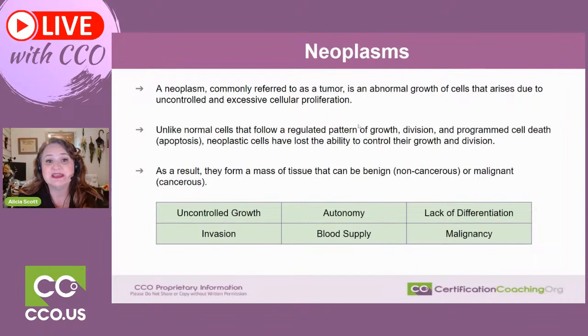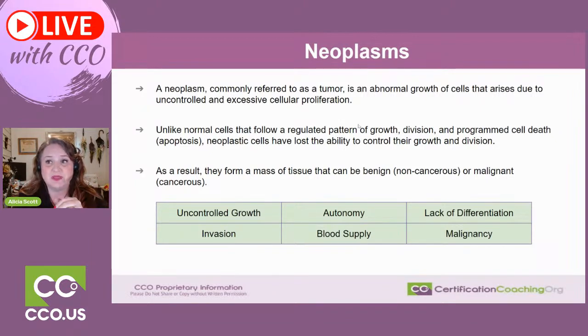A neoplasm does not mean that it's automatically cancer that's malignant, that somebody has to go in and get chemotherapy and lose their hair, or they might die, etc. It goes from a very narrow scope to a very broad scope. So that's why it's called a neoplasm table, not a cancer table.